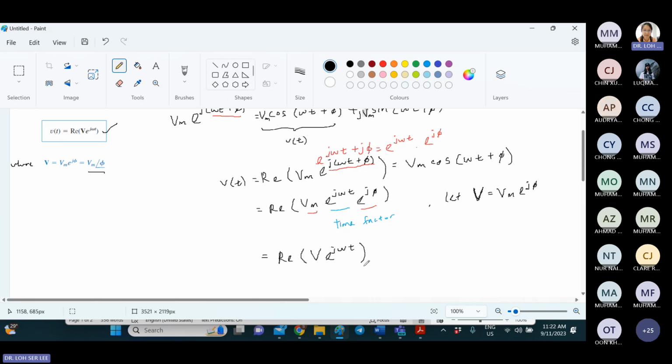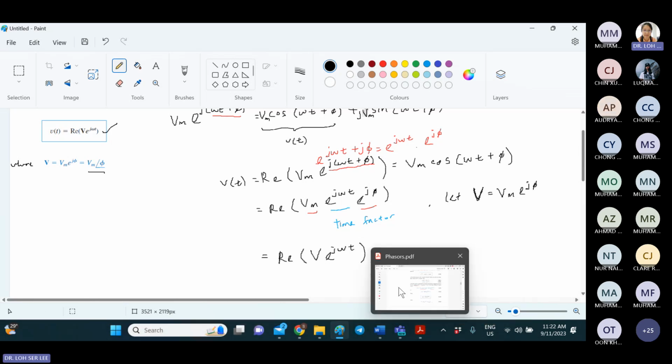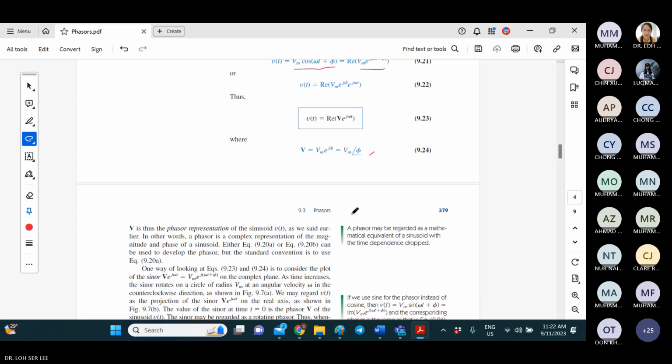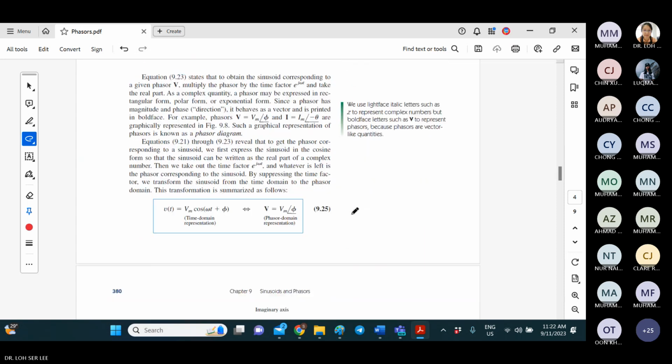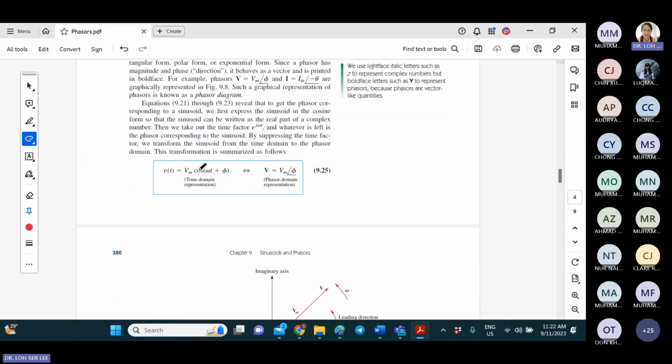Now we're back to the notes. This is called time domain. Sinusoid in time domain. And this is phasor, in phasor domain.